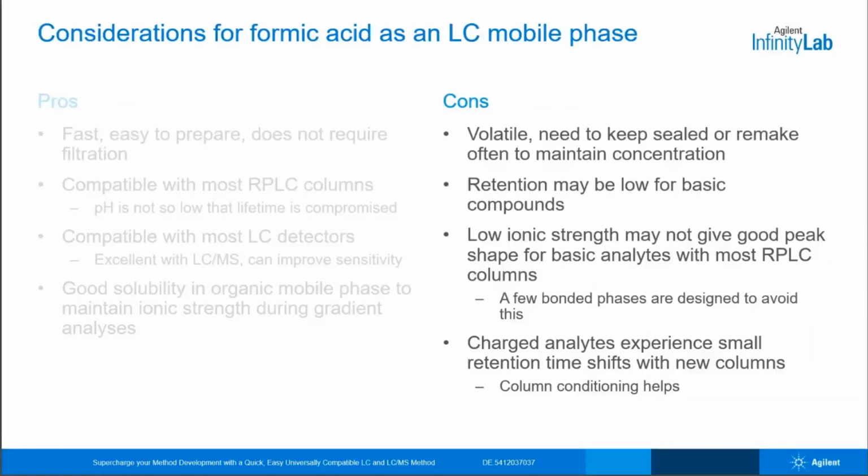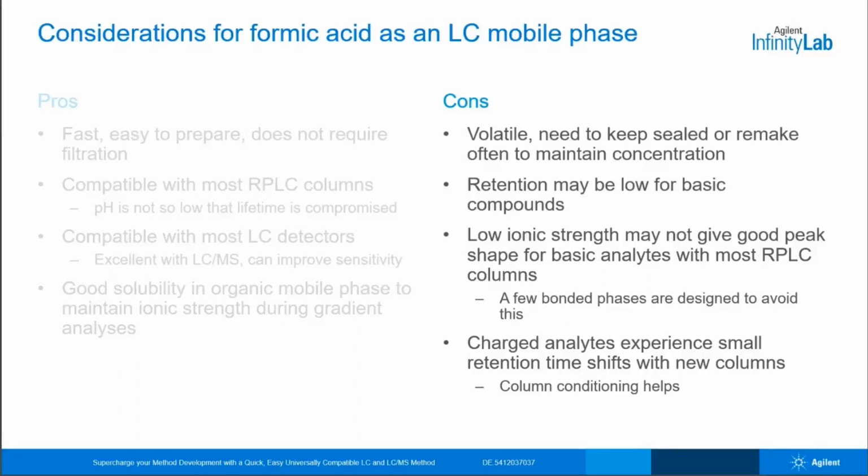Of course, there are a few challenges with formic acid mobile phases as well. It is volatile, which helps with LCMS, but also means it can evaporate and change concentration while it sits on your instrument, if not properly sealed. It is acidic, so retention of basic analytes in reverse phase mode may be low. Speaking of basic analytes, formic acid is also low in ionic strength, which may lead to poor peak shape for bases.